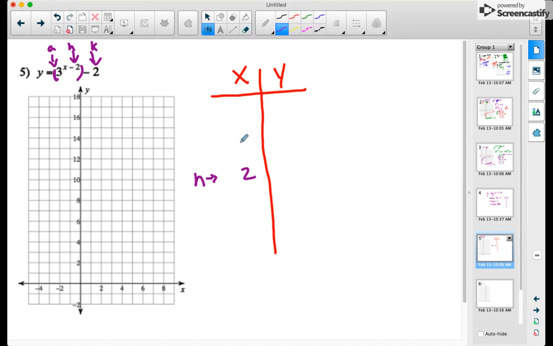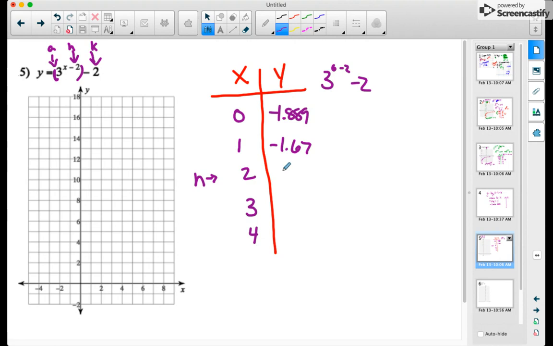Okay, so then we're going to pick 2 values below my x value, or my h value, and 2 values above. And I'm just going to plug them in like normal. So 3 to the 0 minus 2 would be 3 to the -2 power minus 2. Then I'm going to plug in 1, so 3 to the 1 minus 2, which is -1.